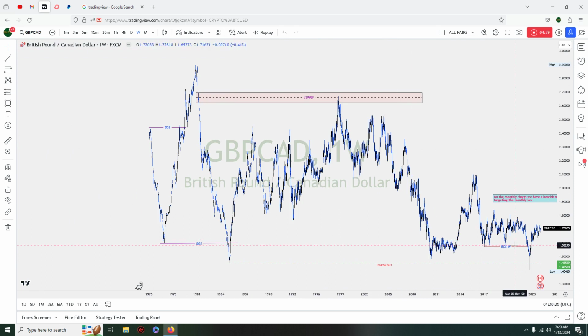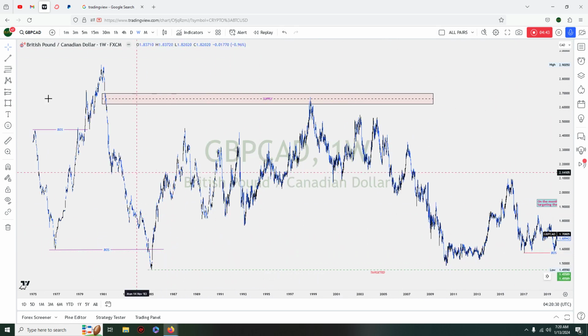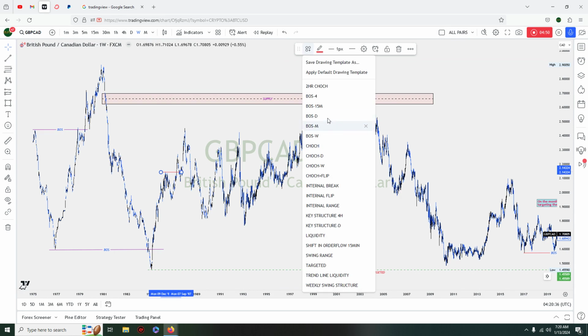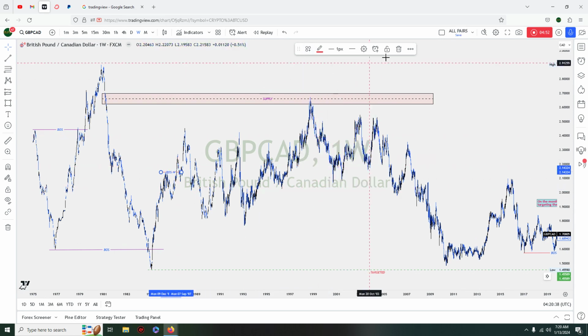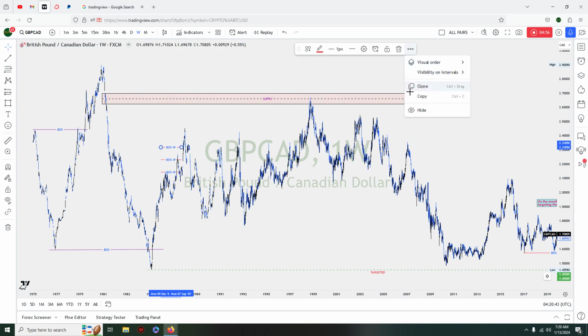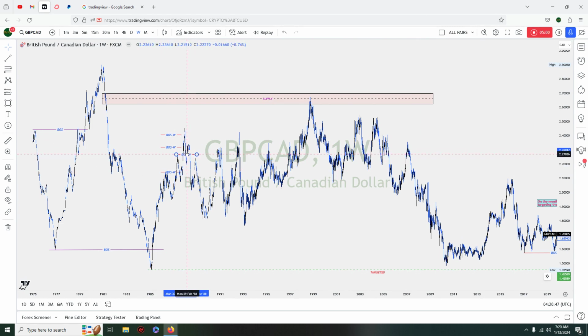And the reason why I'm focusing on this key level is, if we start here, we are seeing the market keeps printing higher highs. Let's call this a break of structure on the weekly. Then we will clone it several times. So it formed this high, then this high, then this high was formed here.